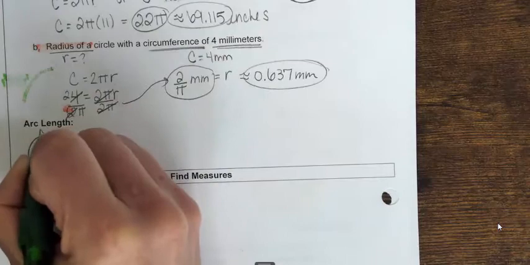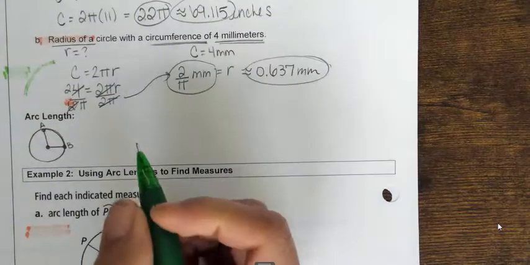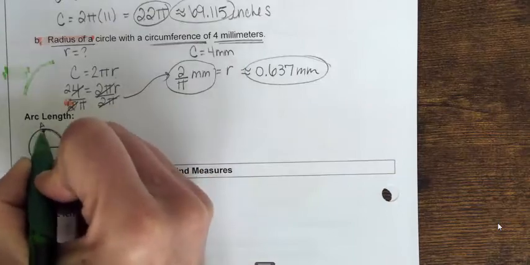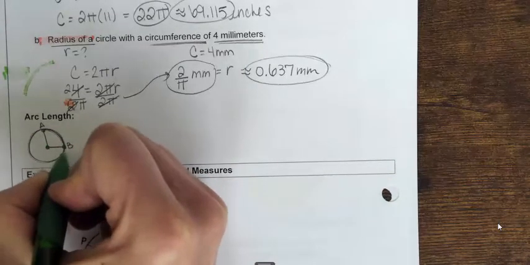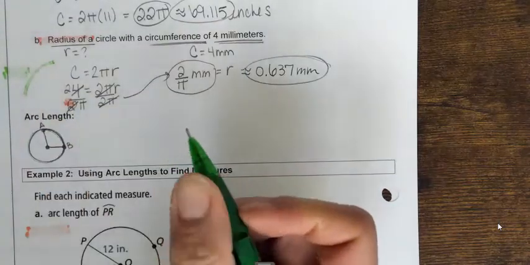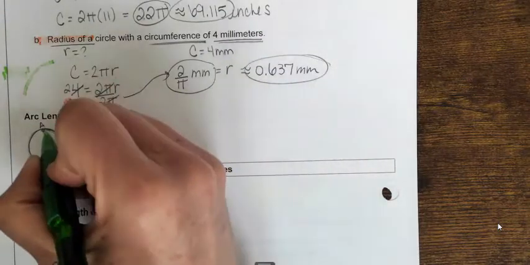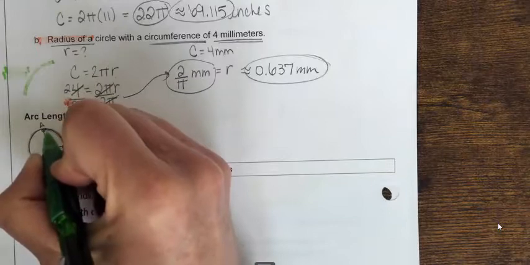Let's call this AB. I can actually do this a couple ways. Maybe I want the length of the smaller arc, or maybe I want the length of the larger arc, right? So there are actually 2 arcs being formed. Well, again, let's do the smaller one.